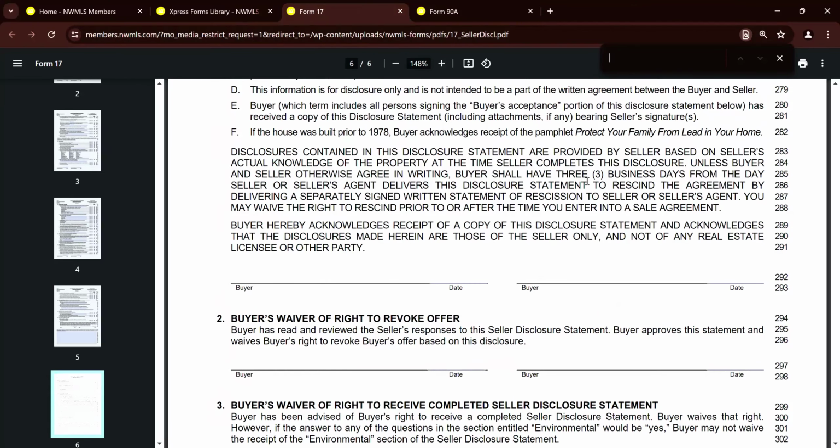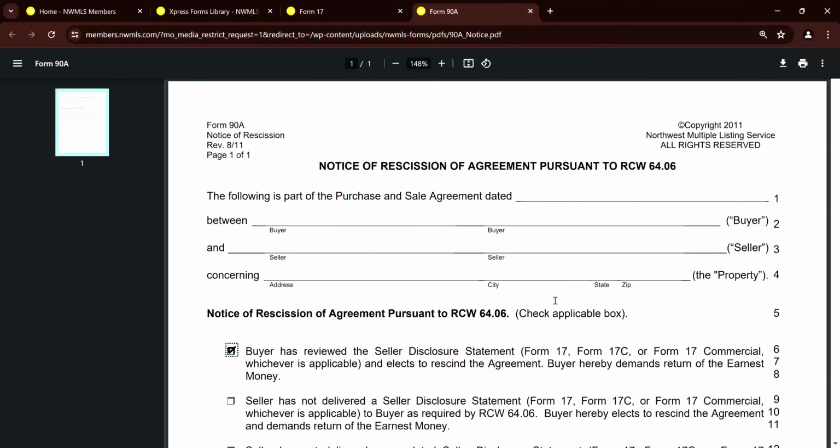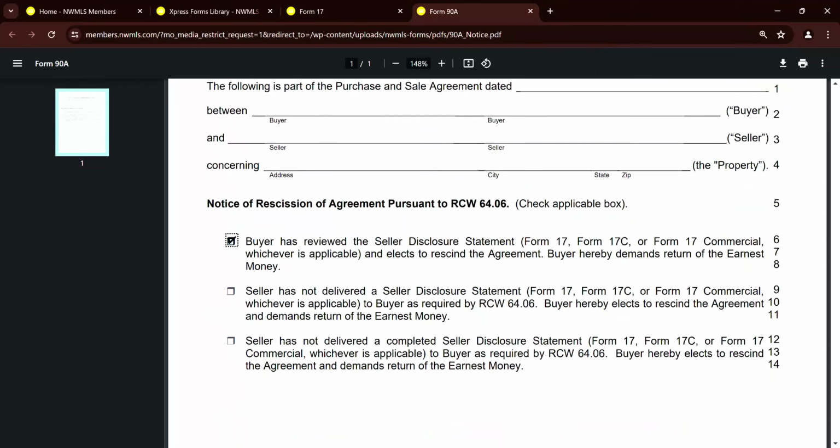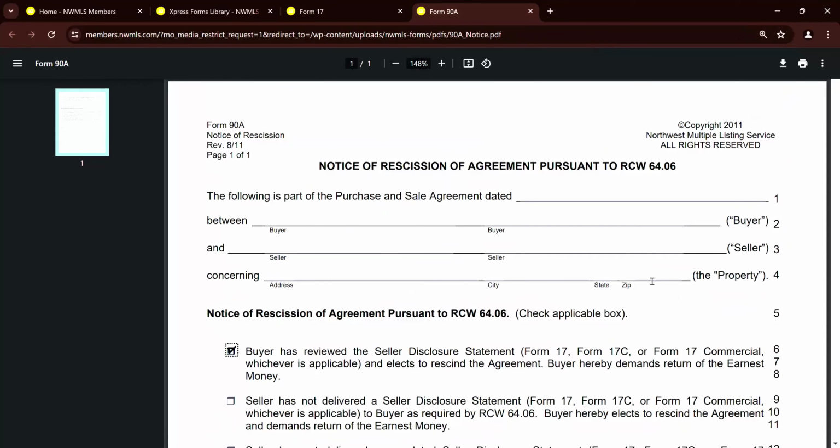Right? So right here it says 3 days from the date seller delivers the disclosure statement to rescind the agreement by delivering a separately signed statement to seller's agent. You may waive the right to rescind. So if the earnest money's been deposited, you're going to be using the 50 with it. So it's always the 2 forms because you have a right to rescind.